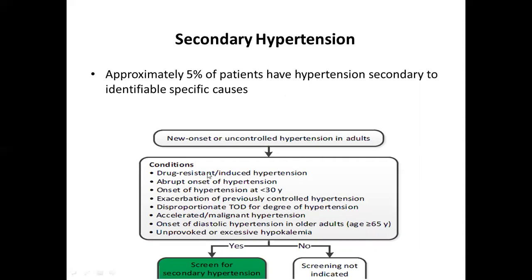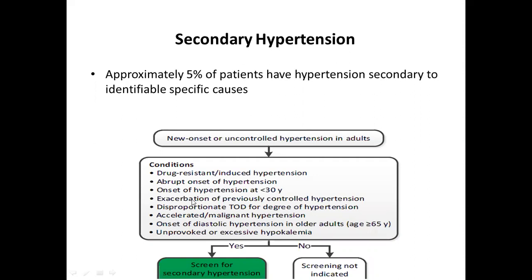As you can see in this picture, if you see these conditions in a patient with newly elevated blood pressure, like drug-resistant hypertension, abrupt onset of hypertension at a very young age, the presence of target organ damage at the time of presentation, diastolic hypertension in older adults, and other electrolyte disturbances like hypokalemia or hyperkalemia, then you should suspect secondary causes of hypertension.